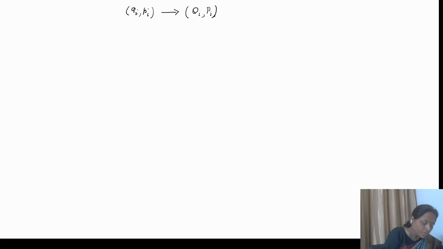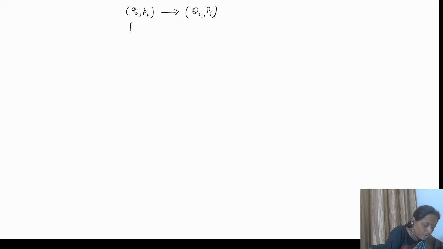In phase space, suppose you have an old coordinate system qi, pi, and you want to transform it into a new coordinate system capital Qi and Pi. You may also take it depending on time. Time may also be a variable there.